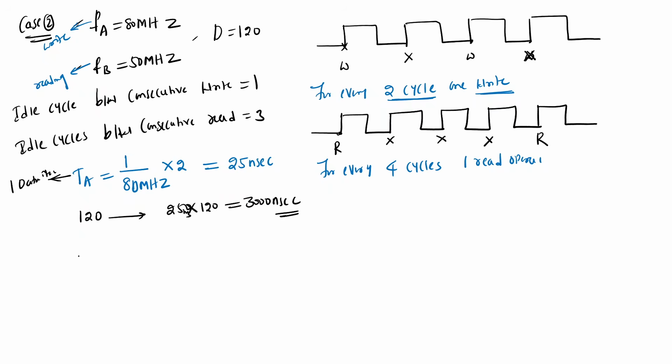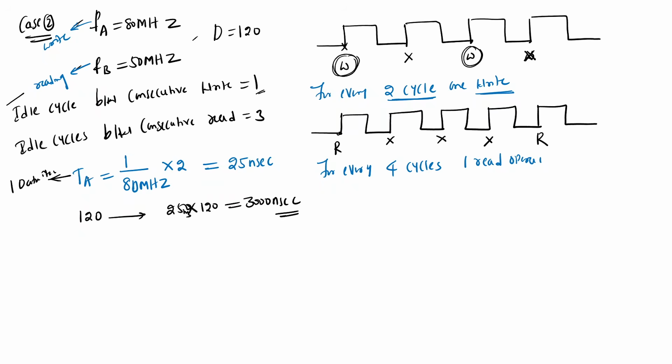Sir, I am a little unable to understand why we are multiplying 1 upon 80 megahertz with 2. Because here, for every two cycles, a write operation is happening. They have given the idle cycles between consecutive writes as one. So every two cycles, one write operation is happening.